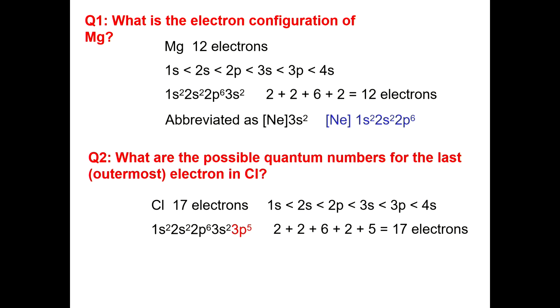So in this orbital, what is the number? Yeah, 3. So n should be 3. What is the l number? 1. Yes, because it's p. The subshell is p, and p means l is equal to 1.